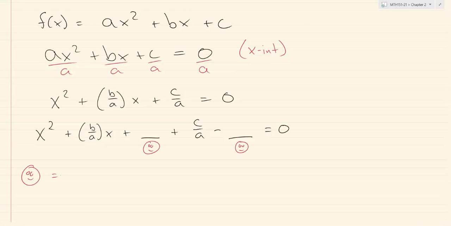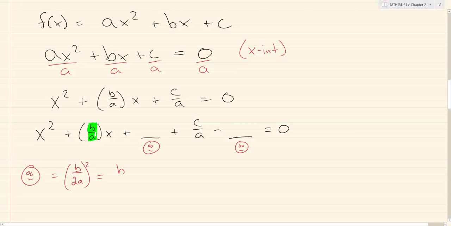What goes in the blank is your middle term, which is this guy. Divide by 2 and square. So when we divide this by 2, we're going to get b over 2a, and then we need to square that, which is going to give us b squared over 4a squared. And that's what goes in each one of these.